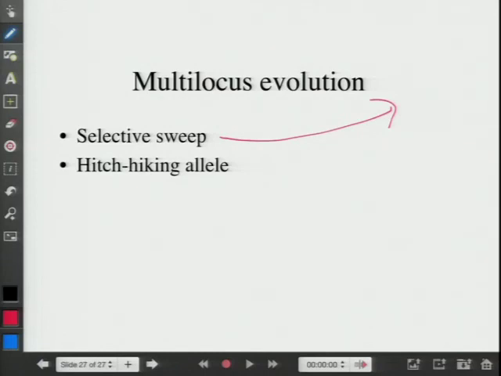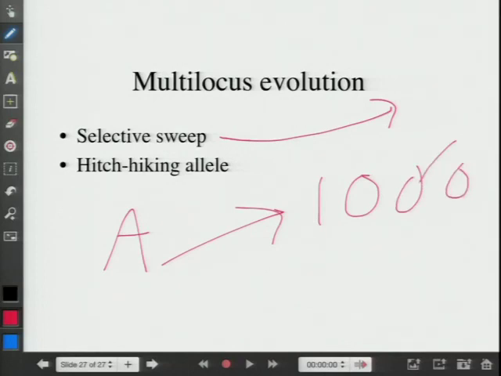Not necessarily get fixated, but they're going to increase in frequency for sure. If big A allele suddenly goes to 100% because of really strong selection, and the big S allele at the big S gene is linked to it, that's going to increase in frequency as well. Who knows if it'll go to fixation or not?